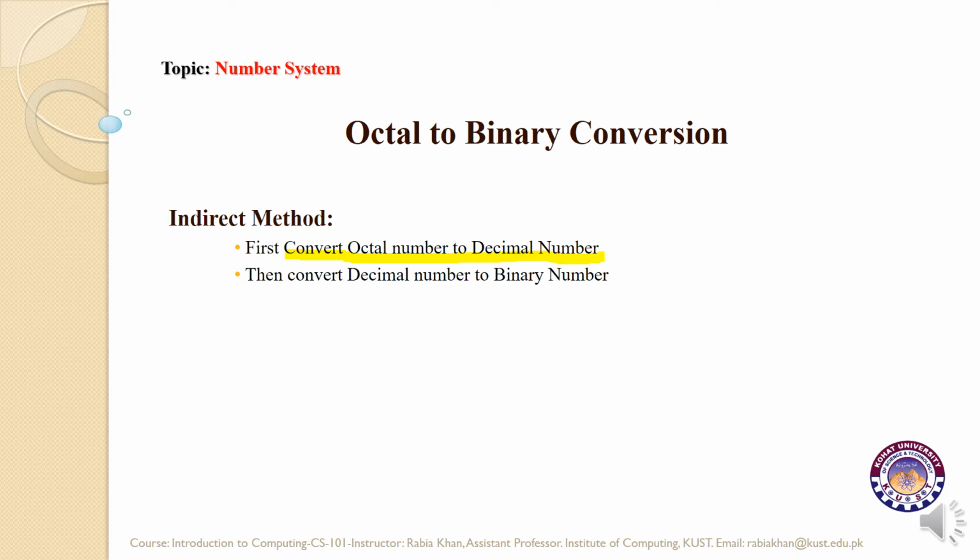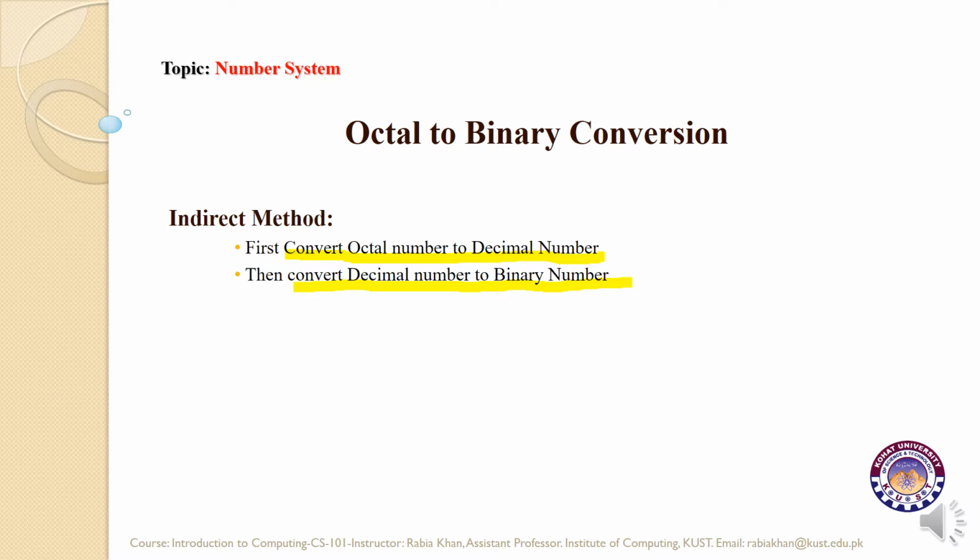So you must know how we can convert an octal number to decimal number. In second step, the decimal number is then converted into binary number. We have already discussed decimal to binary conversion in previous lectures.